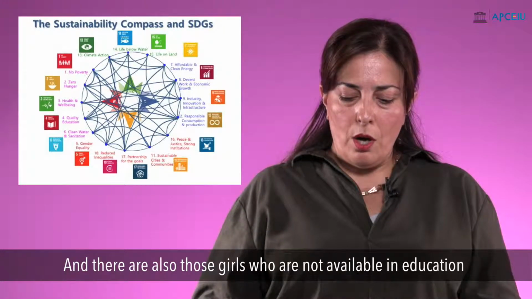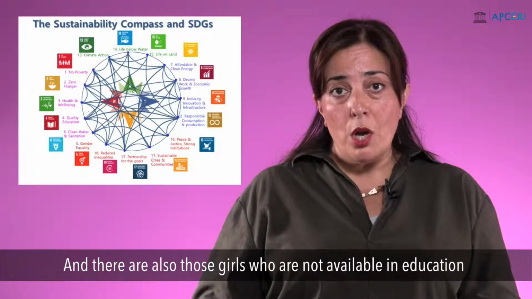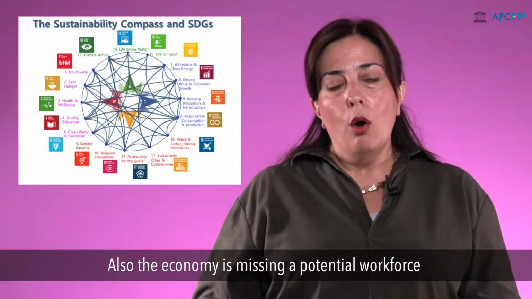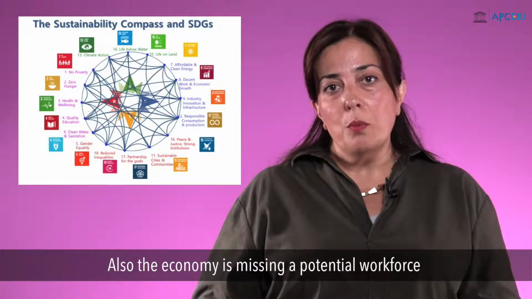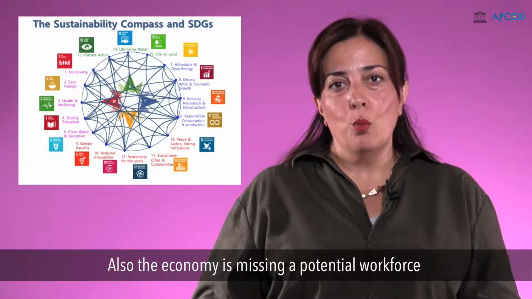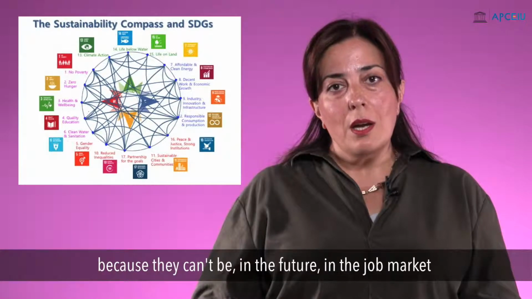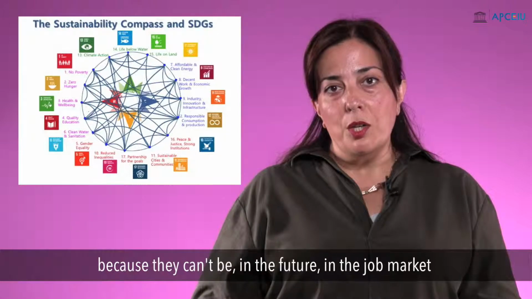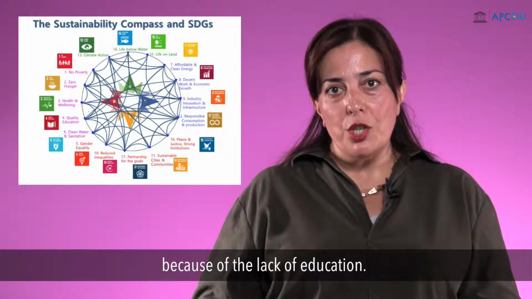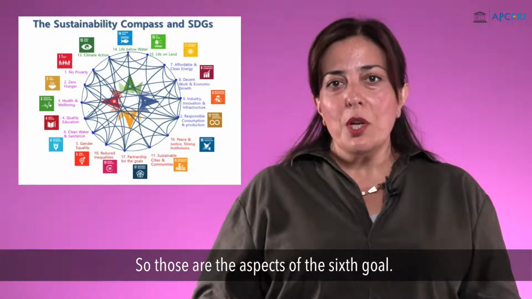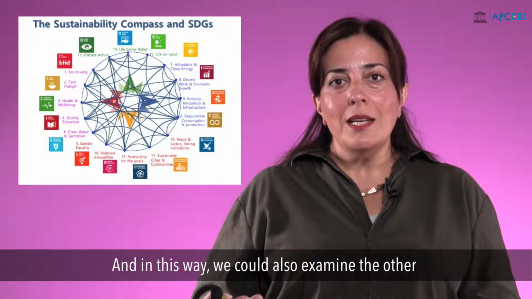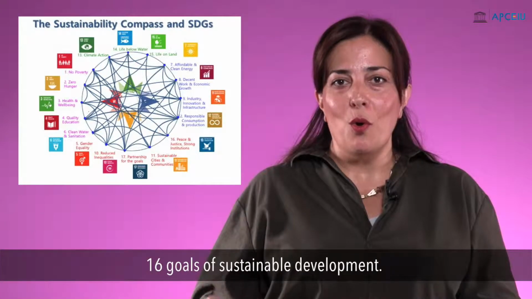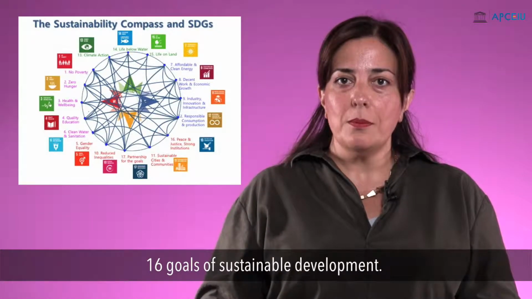And there are also those girls who are not available in education because of water scarcity. Also, the economy is missing a potential workforce because in future they can't be in the job market because of the lack of education. So those are the aspects of the sixth goal, and in this way we could also examine the other 16 goals of sustainable development.